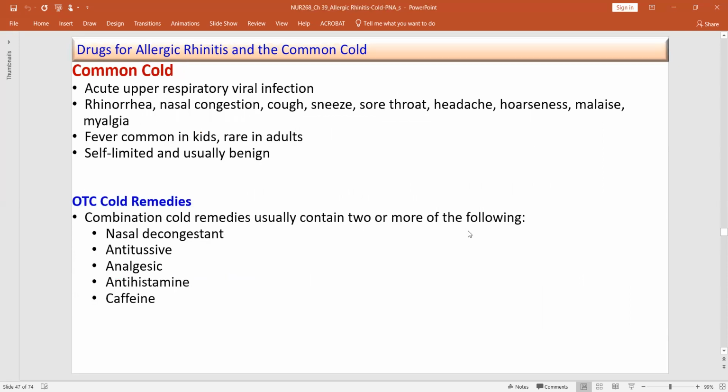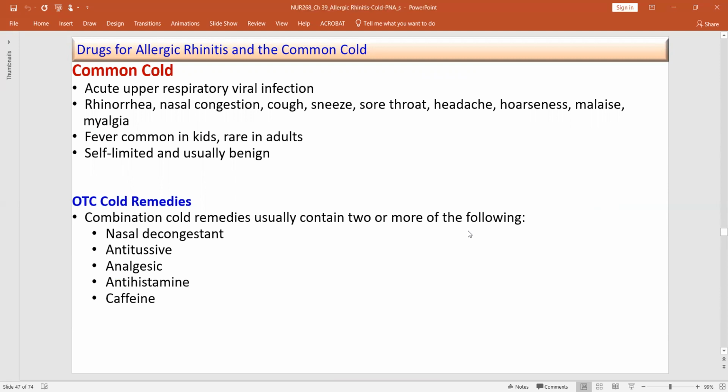Next topic is the common cold, which is another acute upper respiratory viral infection. There is no cure for this, just the treatment of the symptoms.